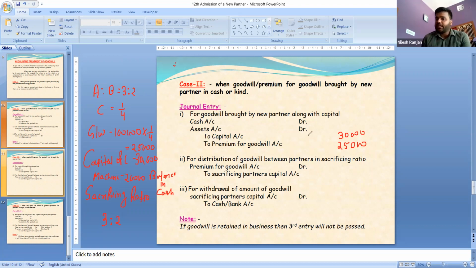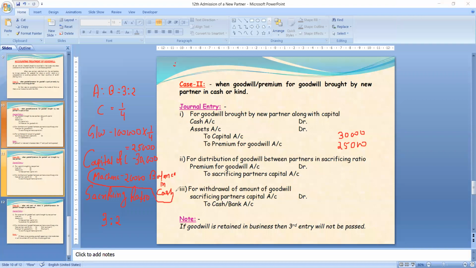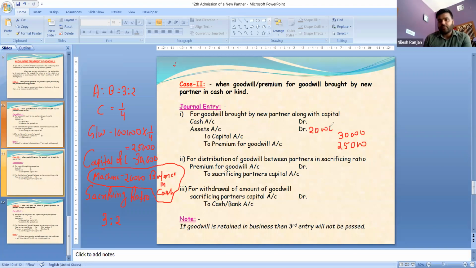C is bringing his capital of 30,000 and premium for goodwill 25,000, so the total amount would be 55,000. If 20,000 is the machine, then 35,000 will be cash. Now, premium for goodwill, we have to distribute this.